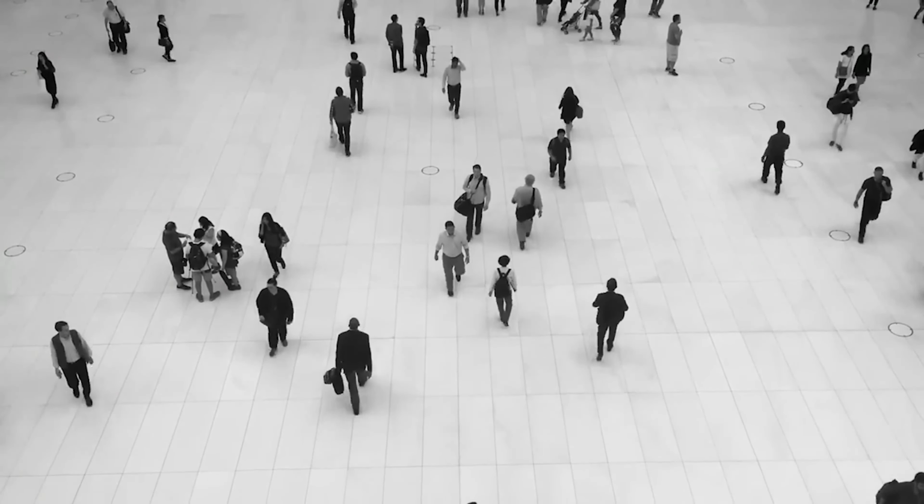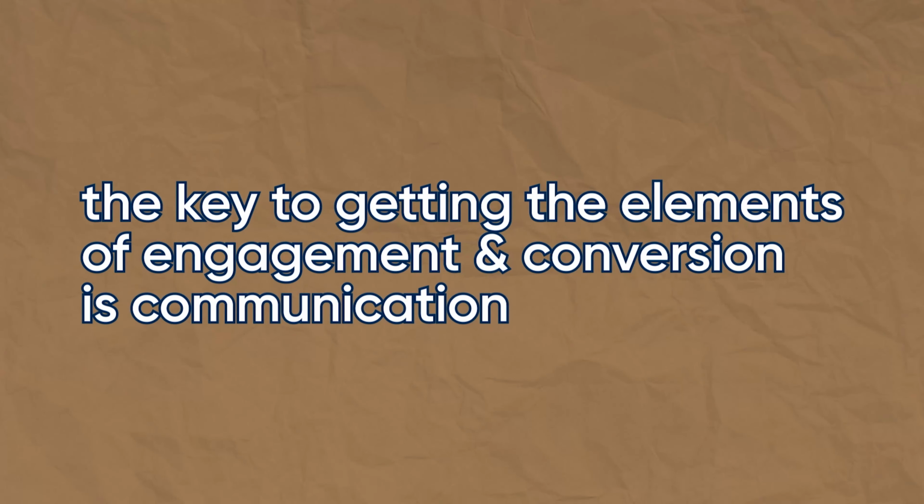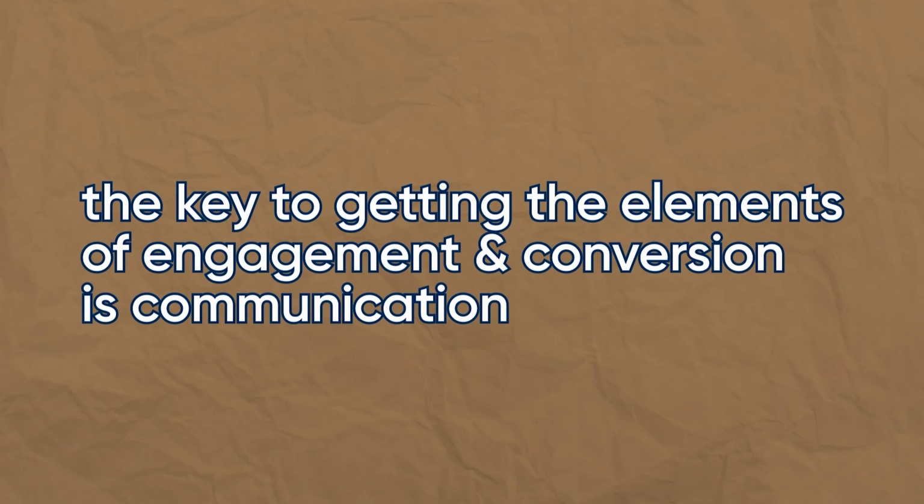Don't think it's too broad, because out of the 5 million, you're giving the algorithm room to search through the exact people that will resonate with your video, with your offer, and click on that button, view your landing page, or click on the button and send you a message. So the key here to get those elements of engagement and conversion is communication.